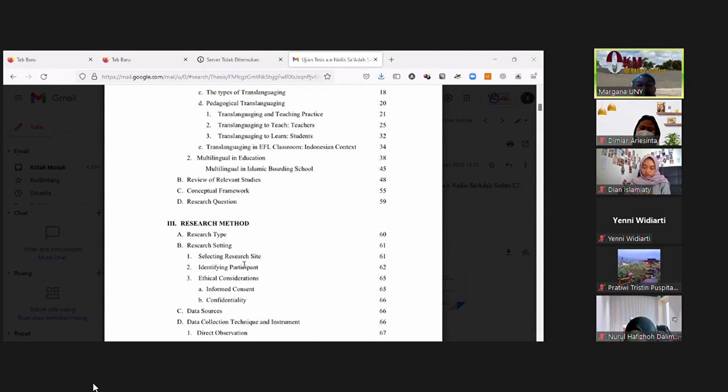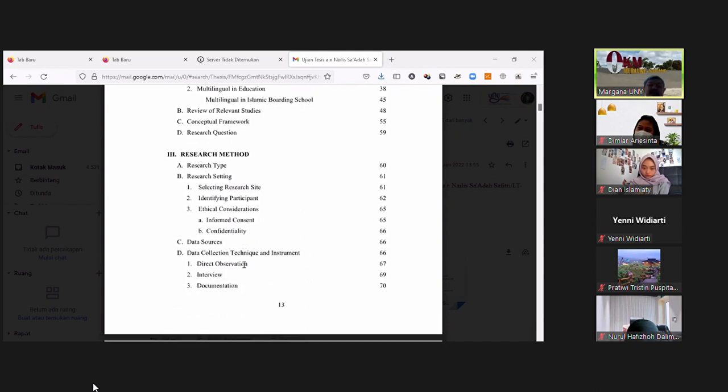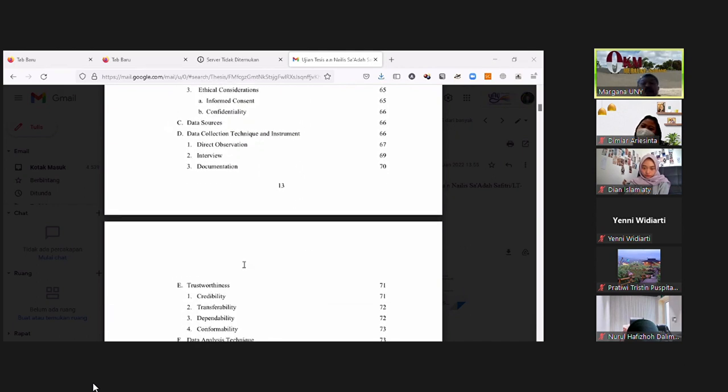Then setting, participants, ethical considerations, if any, and then data sources, the instruments of data collection, techniques of data collection, technique of data analysis, reliability, validity, or triangulation, etc. Again, it depends on the nature of your research.